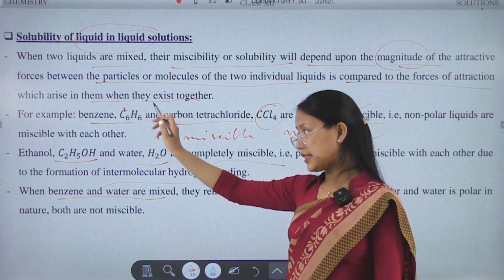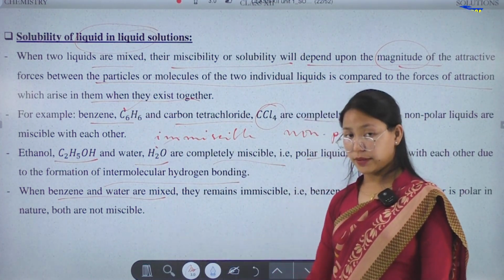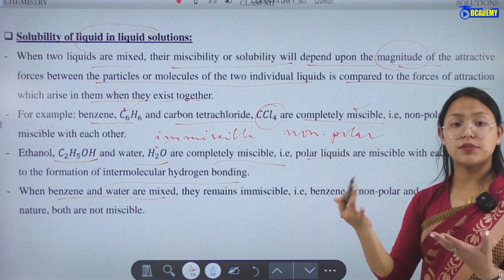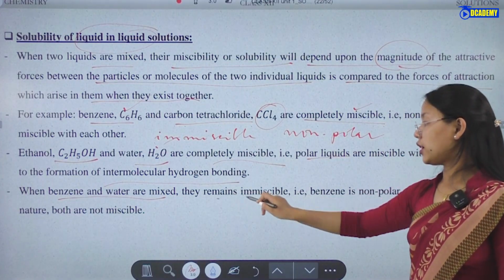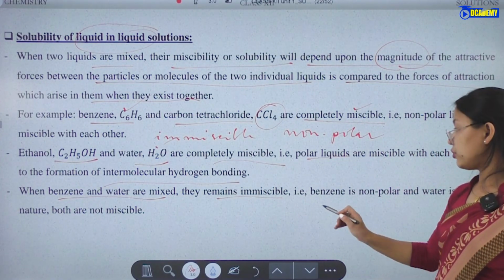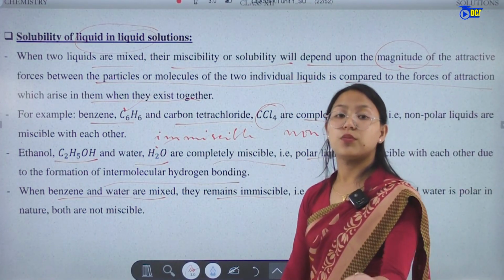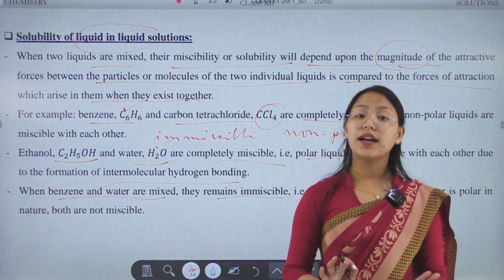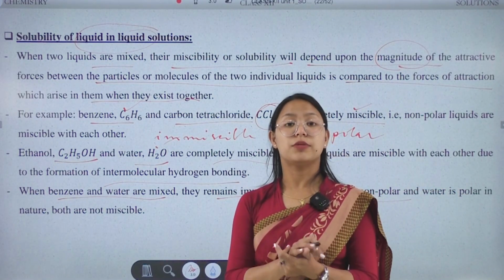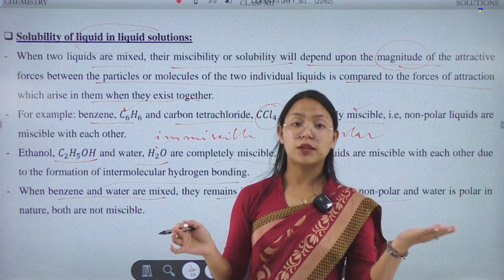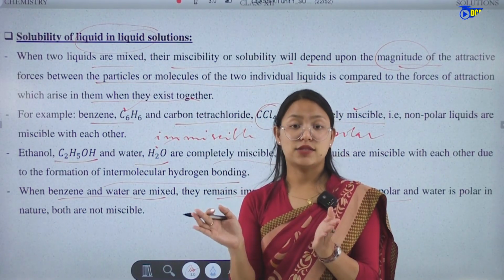But when benzene and water are mixed, they do not get mixed. They remain immiscible, because benzene is non-polar and water is polar. Polar and non-polar do not mix, following the concept of like dissolves like.